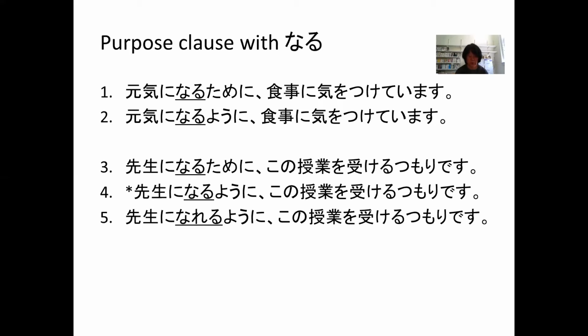In order to make sentence 4 into a grammatical sentence, naru must be changed into the potential form, which is nareru, as you can see in sentence 5. Sentence 5 means, I plan to take this class so that I'll be able to be a teacher. In the next page, we will review the use of naru, and then we will examine why sentences 1 and 2 are grammatical, but not sentence 4.